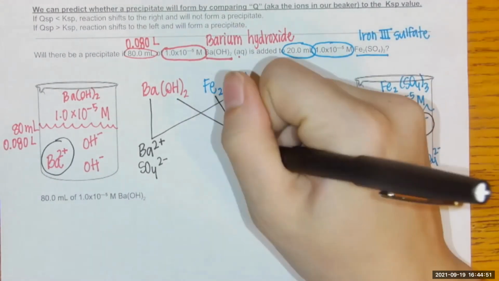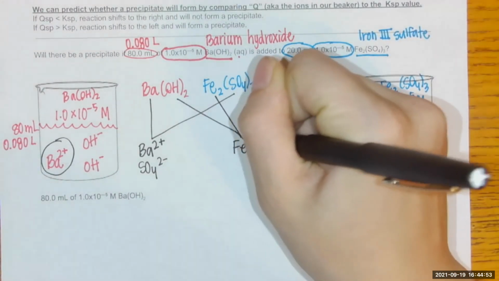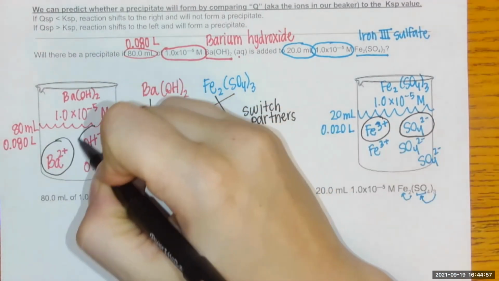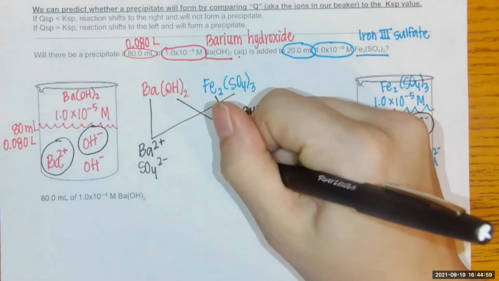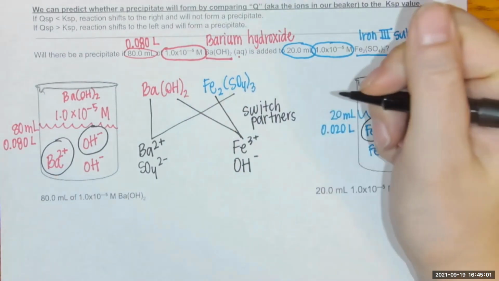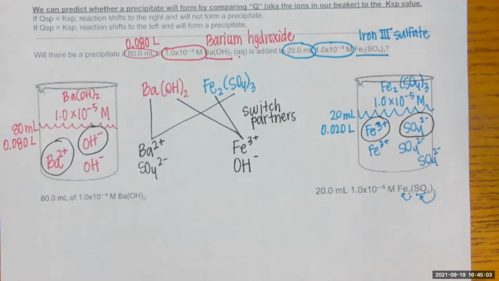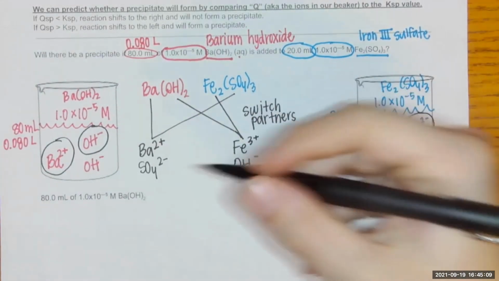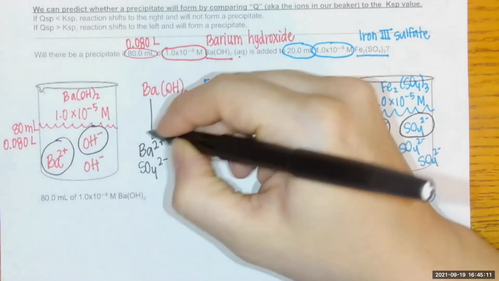And the iron here could be combining with the hydroxide there. So those are my 2 choices, right? When I mix this and this, they switch partners.